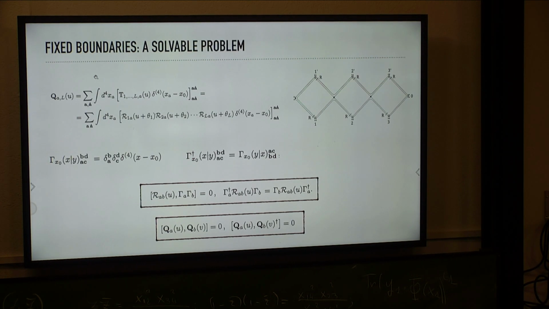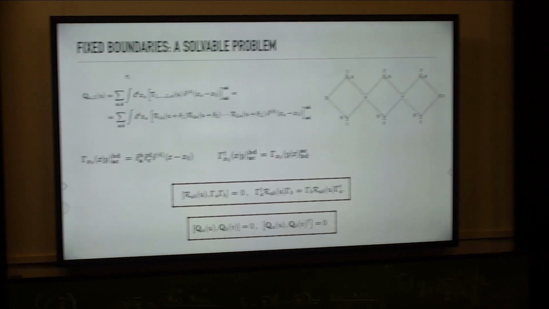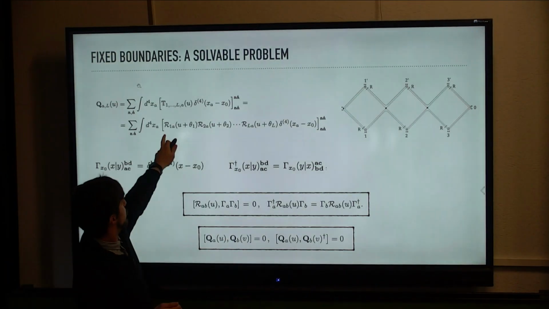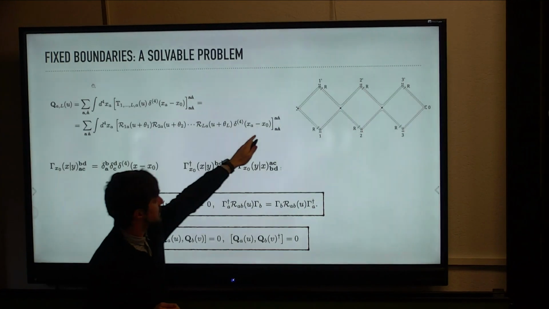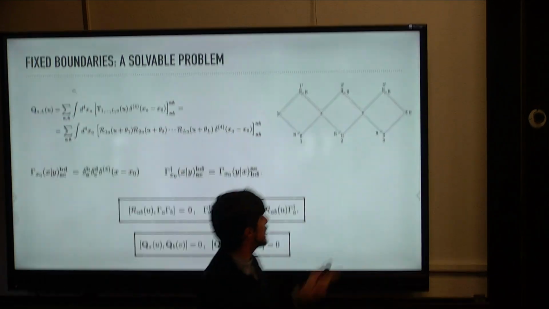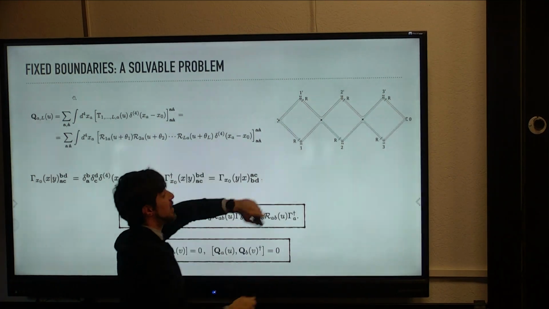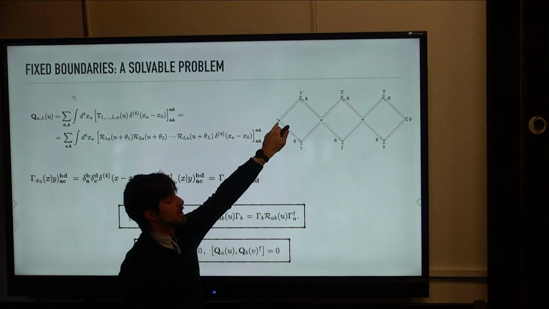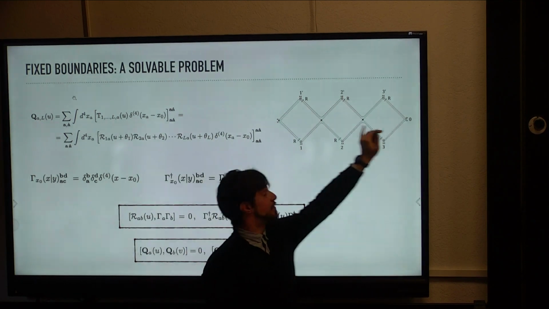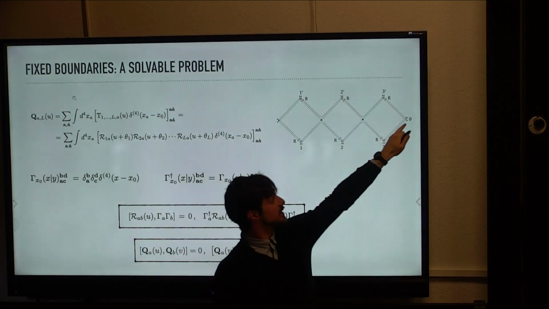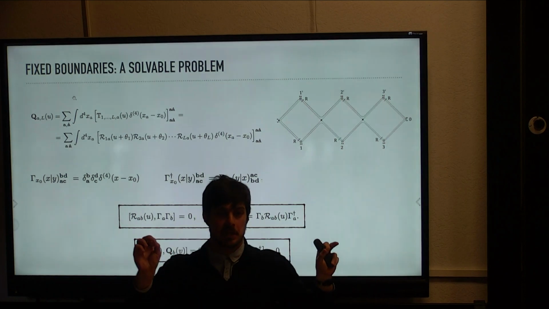Okay, so the new transfer matrix I will call Q. It will have L sites. It will be characterized by a certain choice of a representation in auxiliary space A. So if you look at this line, it's still a product of our R matrices, which I have here in the drawing. But now you don't identify the first point with the last point. You rather integrate the first point, and the last point is fixed to an external coordinate.